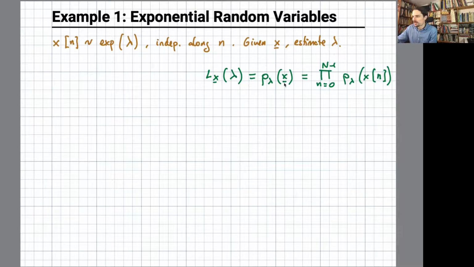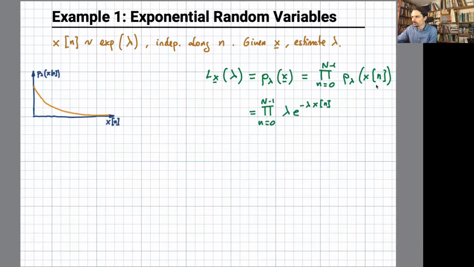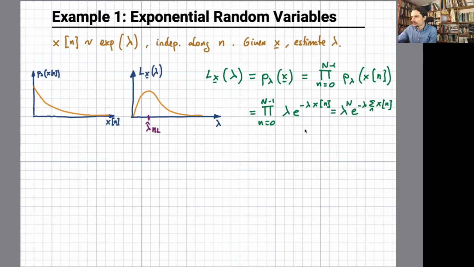of the data. And due to independence, the PDF of the data can be expressed as the product of the marginal PDFs of each sample. Now we just need to recall the PDF of an exponential random variable, which takes this form, and just by applying simple mathematical operations, we obtain the desired expression for the likelihood function.